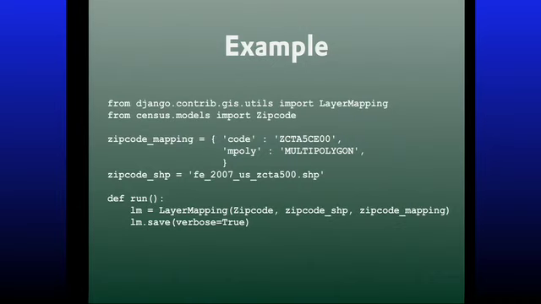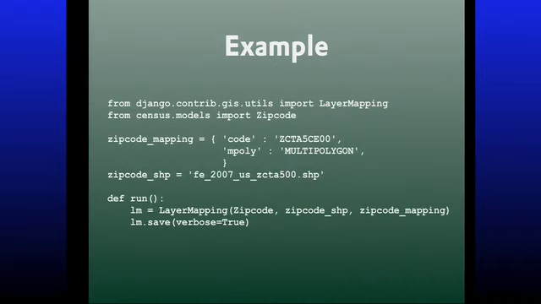Here's an example of the script I used to import all 33,000 zip codes of the United States into the spatial database. The mapping dictionary just uses the field from your model to correspond to whatever's in the shapefile. And then for the geometry, you just specify what geometry type you want to use.